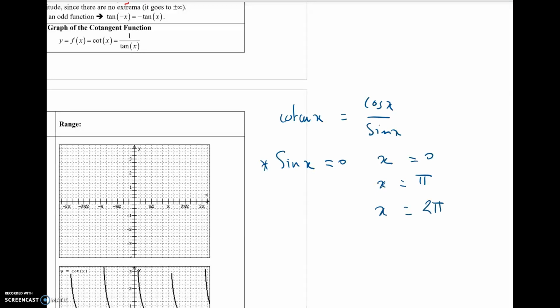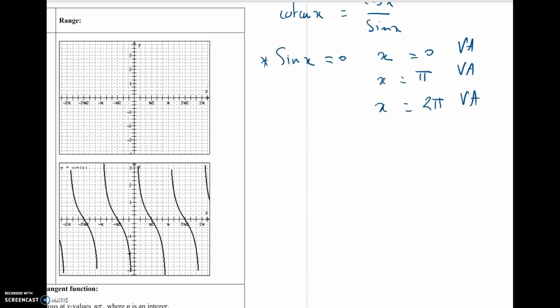Sinus cannot be equal to 0. That means we're having vertical asymptotes at x equals 0, x equals pi, and x equals 2 pi.